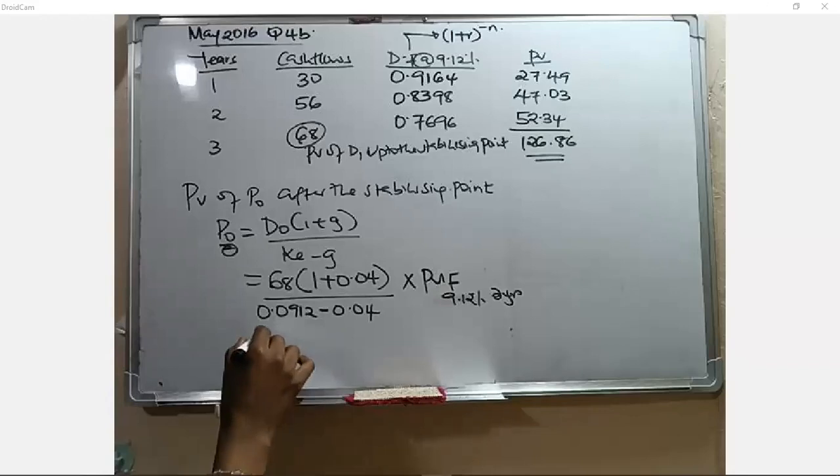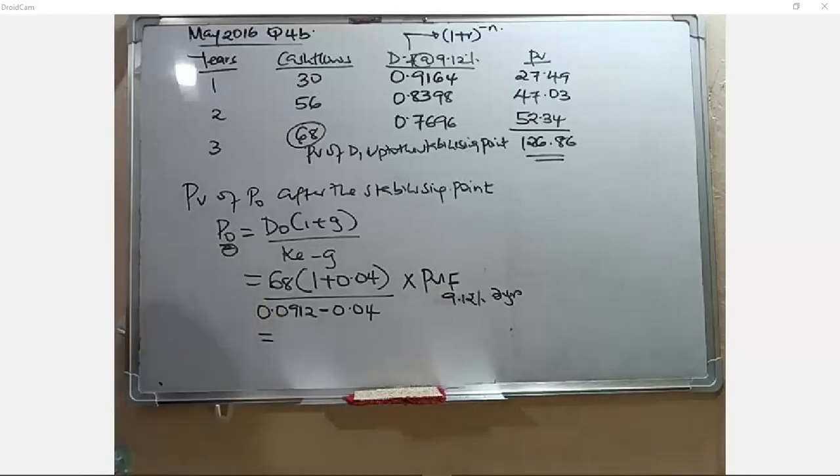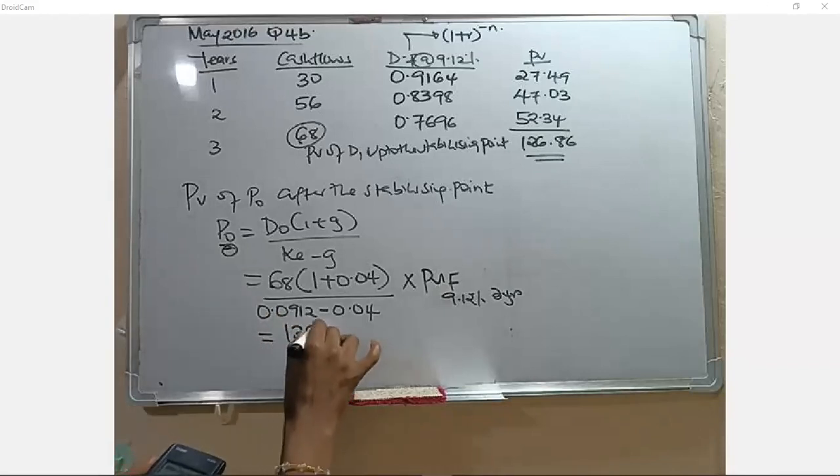Now, in this case, that is what I'm doing right now. I take 1.04 times 68. Then we divide by 0.0912 minus 0.04. You are getting 1381.25, by the way.